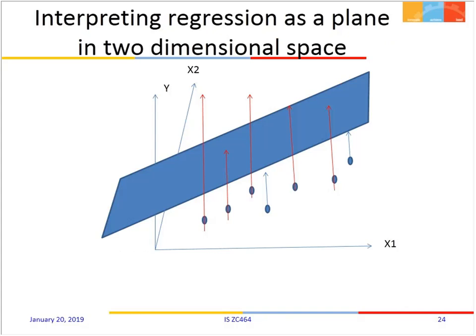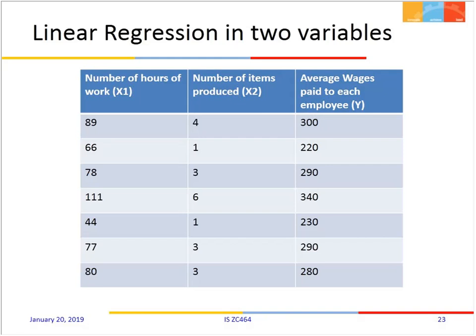Now you can understand that instead of a line, there is a plane that is to fit this entire data. How will you visualize this data? On the x1 axis it is 89, on the x2 axis it is 4, and on the third axis, I am calling it the y variable, but let us say it is the third axis, it is 300.